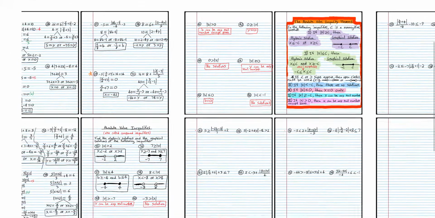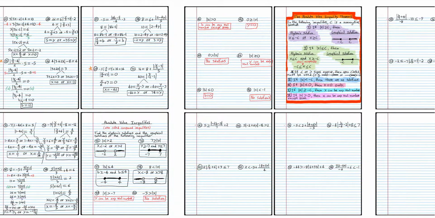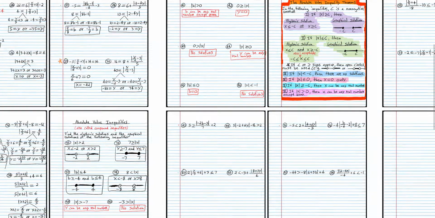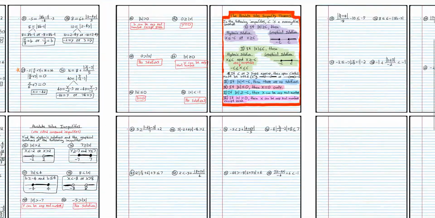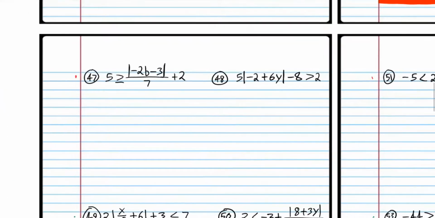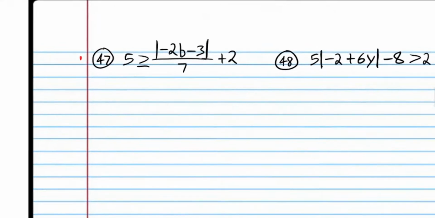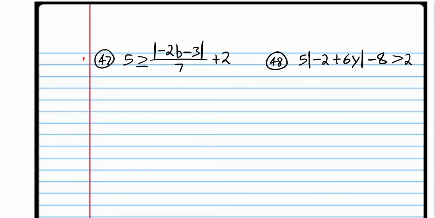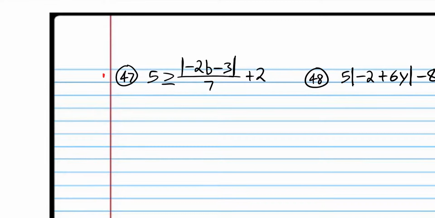So that's the basic information about inequalities. Now we're going to go to some more difficult inequalities. And you can see we have an inequality with all kinds of complicated stuff there, but we're going to do it just the way we did it with equations. We're just going to isolate that absolute value.